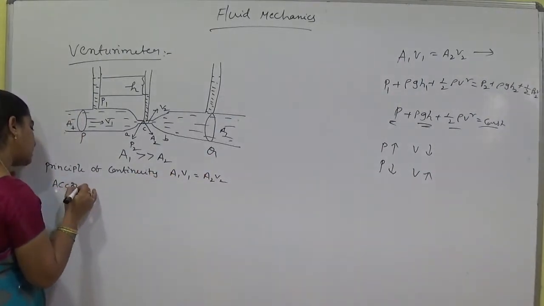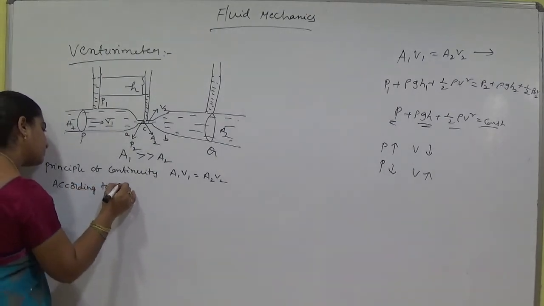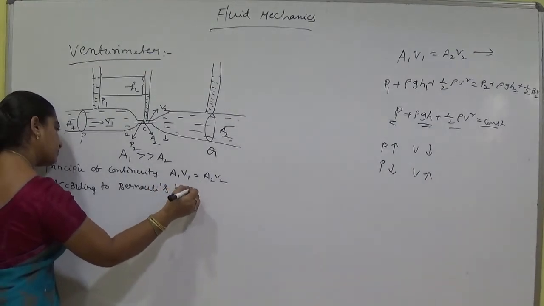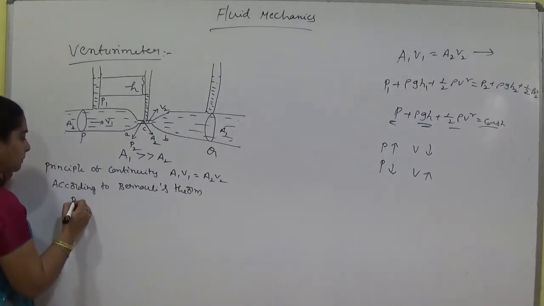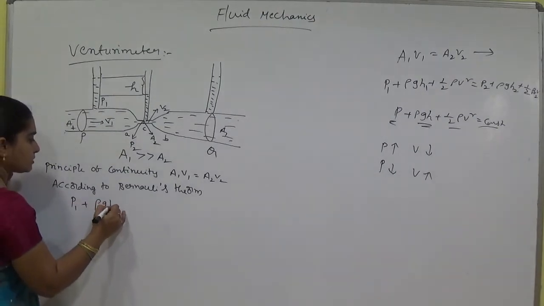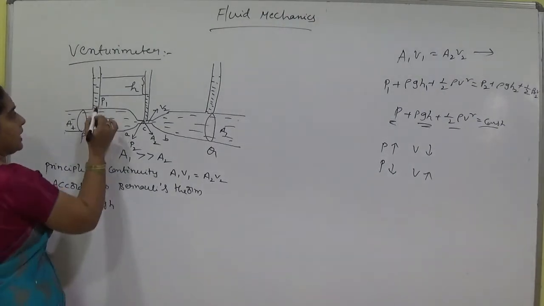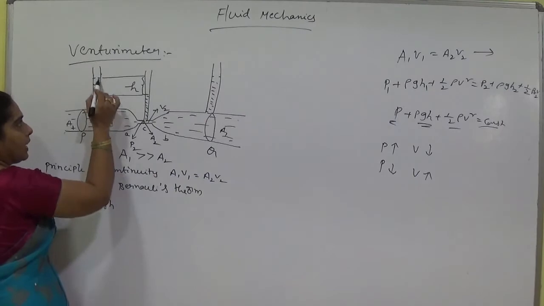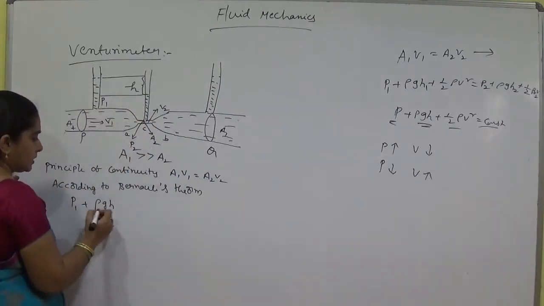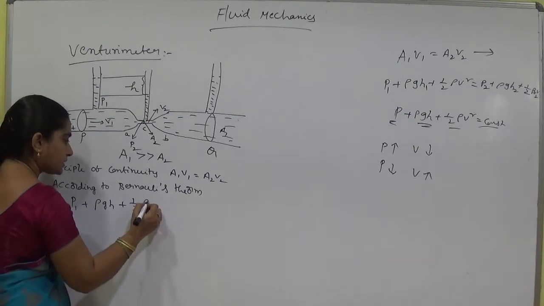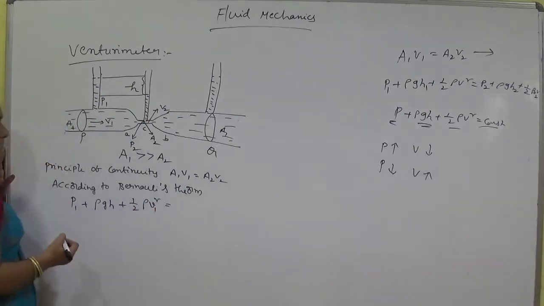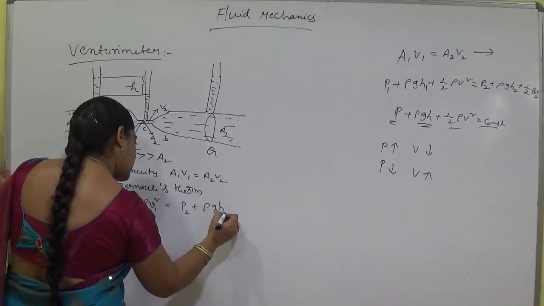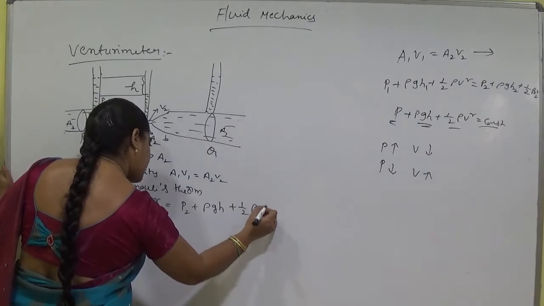According to Bernoulli's theorem, P1 plus rho GH plus half rho V1 square is equal to P2 plus rho GH plus half rho V2 square.